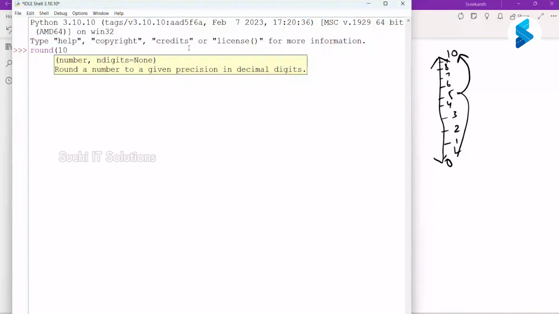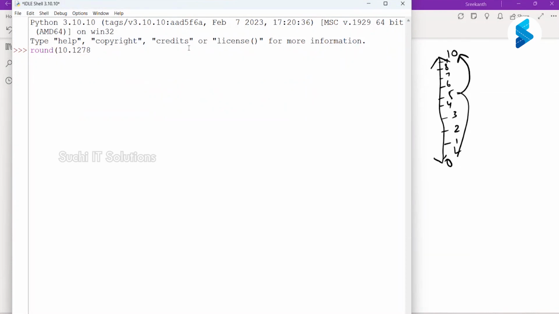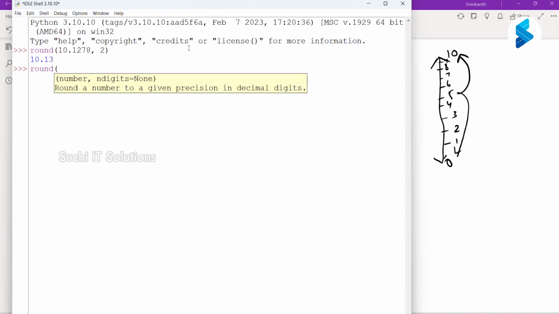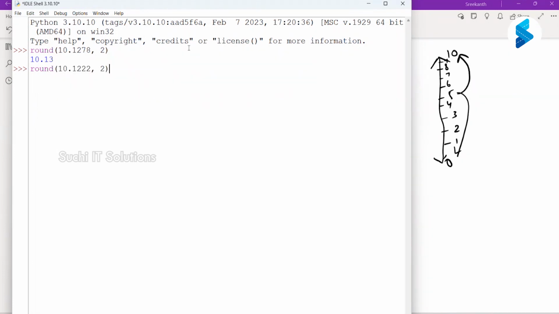Let us say 10.1278, and I want 2 decimal points. The result is 10.13. Now I want to round 10.1222 to 2 decimal points, and it would be 10.12.